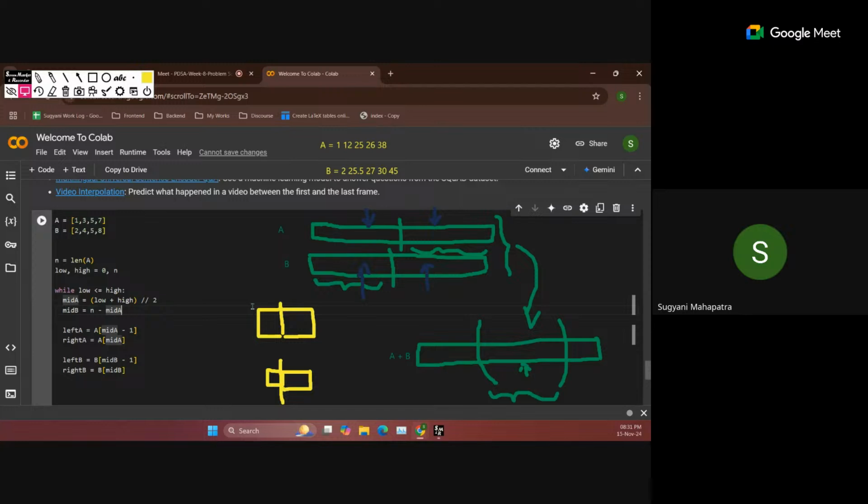In the first iteration, it will be fine, but in the later iterations, it will get slightly shifted when we reassign the values of high and low. This middle point will get slowly shifted.